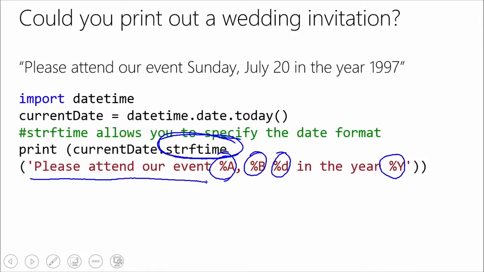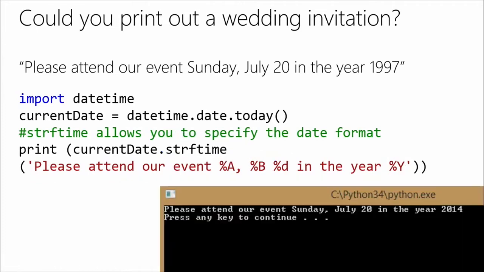But a date has multiple parts: the day, the month, the year, the day of the week, and everything else. So it's very common for us to need to break it down into individual components and put string text around it. If you want to say something like, please attend our event, or put in commas, or whatever else you might want to throw in there, you absolutely have that capability. Nice. Okay. You said print out wedding invitations with Python.